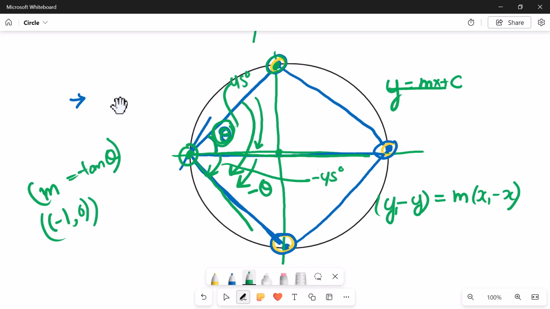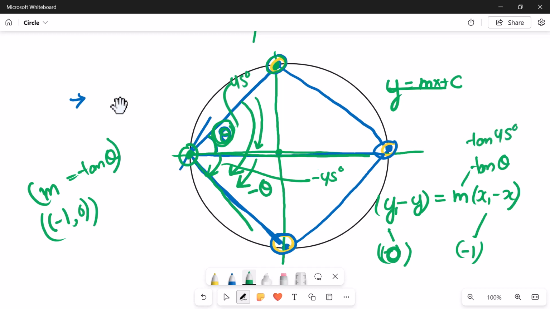So here we'll put y1 as 0, x1 as -1, and slope as tan of 45 degrees for the square, tan 45 degrees, right, for this particular line.